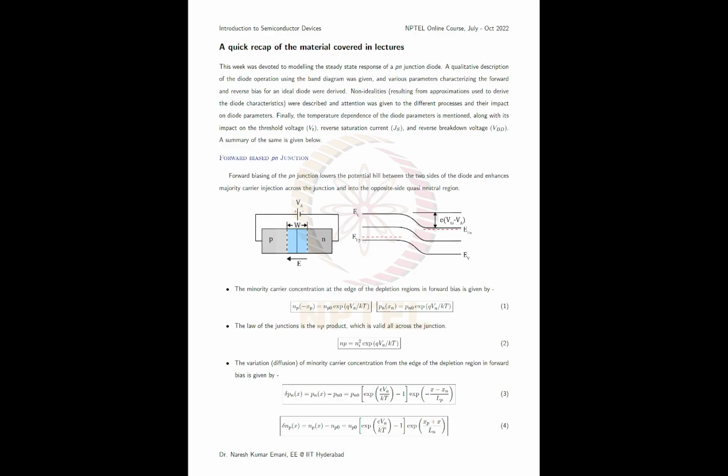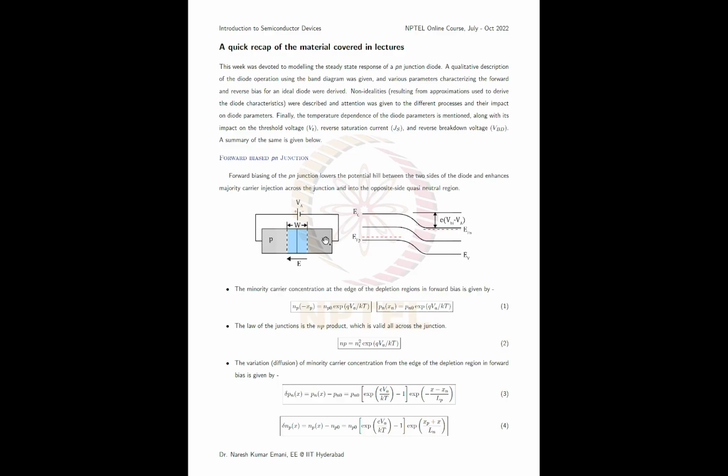We also studied non-idealities and different processes and their impact on diode parameters. Then we studied the temperature dependence and its impact on threshold voltage, reverse saturation current, and reverse breakdown voltage.